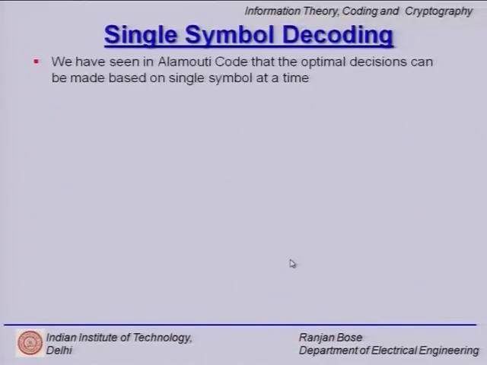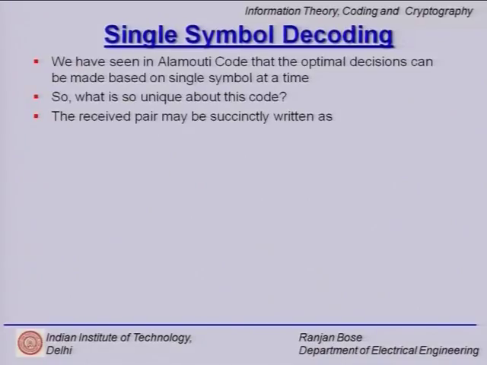Now, just a few more comments about the single symbol decoding, and then we will try to explain intuitively why diversity happens, why the diversity gain is happening. So, we have talked about this Alamouti code, and the optimal decisions can be made based on one symbol at a time.